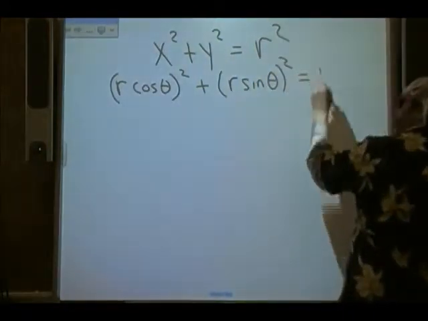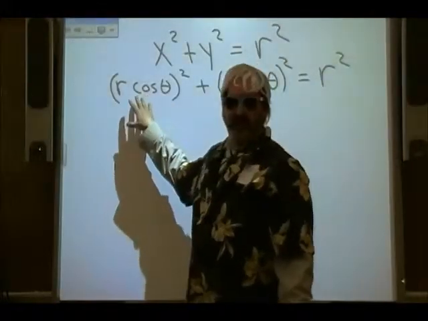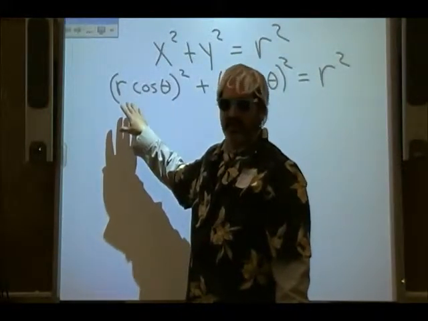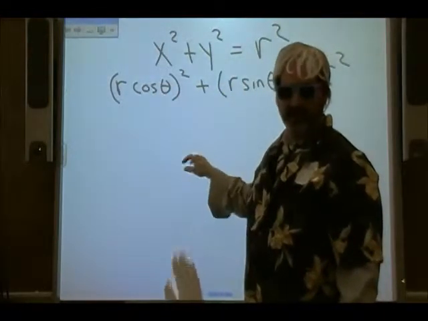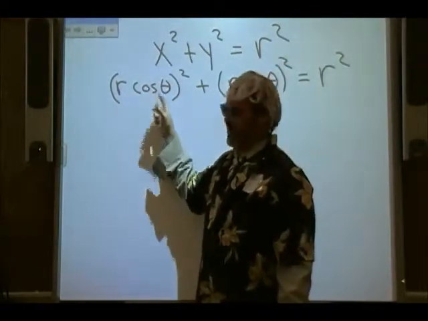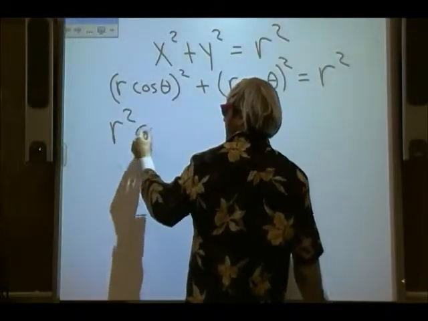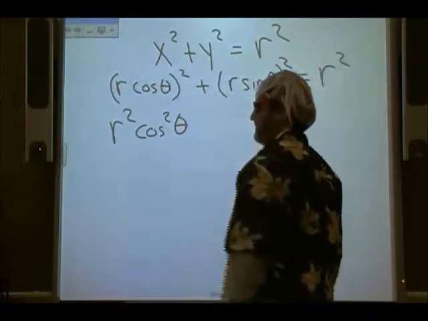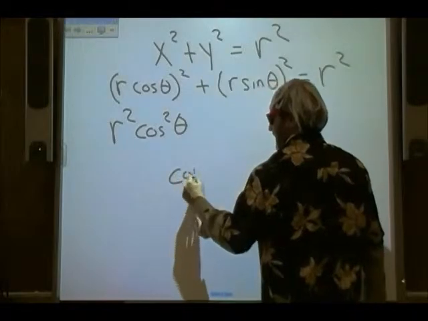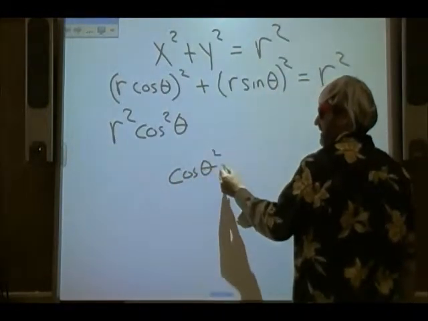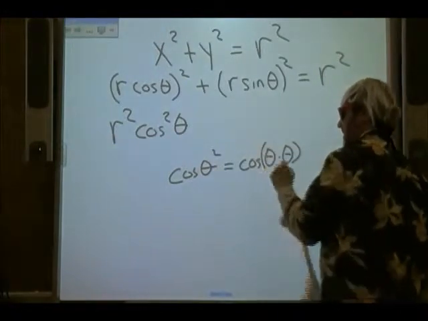We're going to square it, and that's that. You square this, okay? It means r cosine theta times r cosine theta. So when you multiply r cosine theta times r cosine theta, you get r squared cosine squared theta. Okay? Not cosine theta squared. The difference is this is cosine theta times theta.